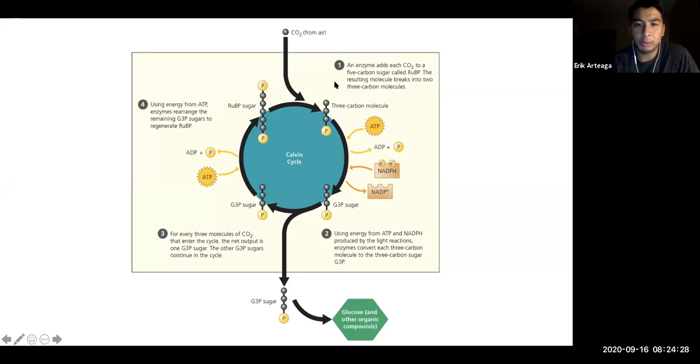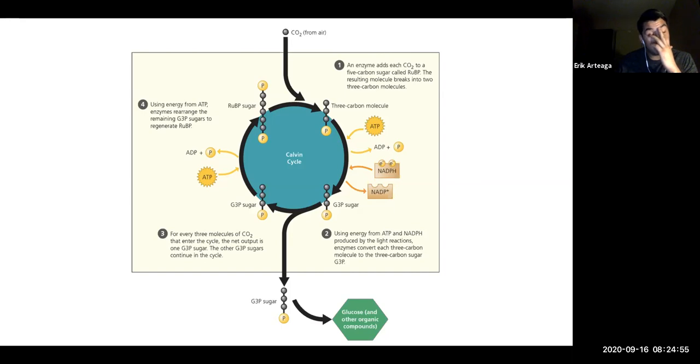Sorry, I'll probably put a little note about Rubisco. But Rubisco is that enzyme that fixes CO2 onto the 5-carbon sugar here, and then it gets broken down by this ATP. The ATP adds onto either end of that 6-carbon sugar, and that's the important component in order to separate them out into G3P sugars.